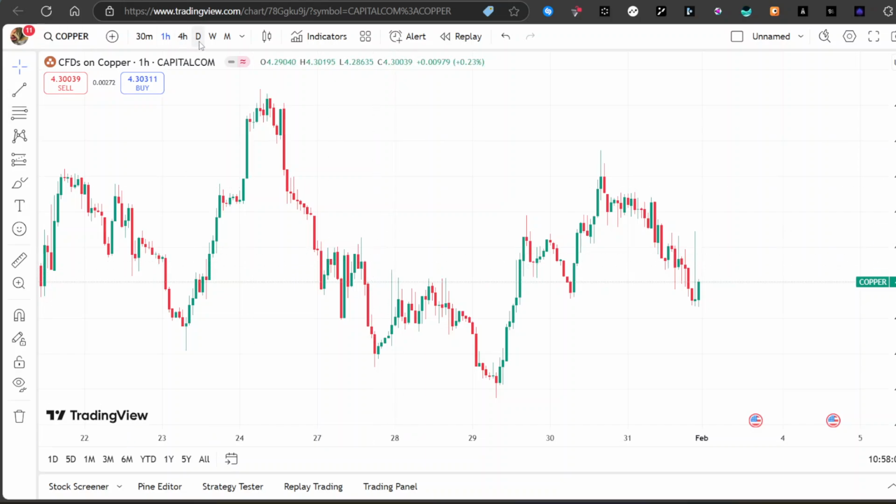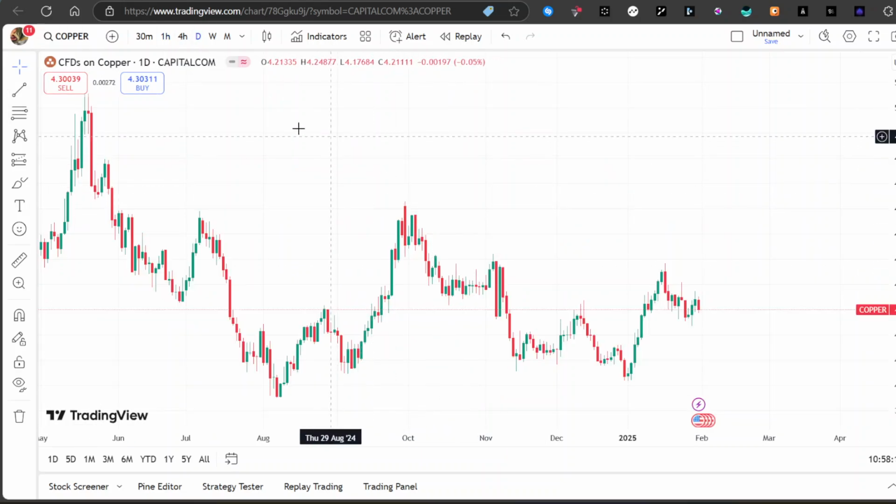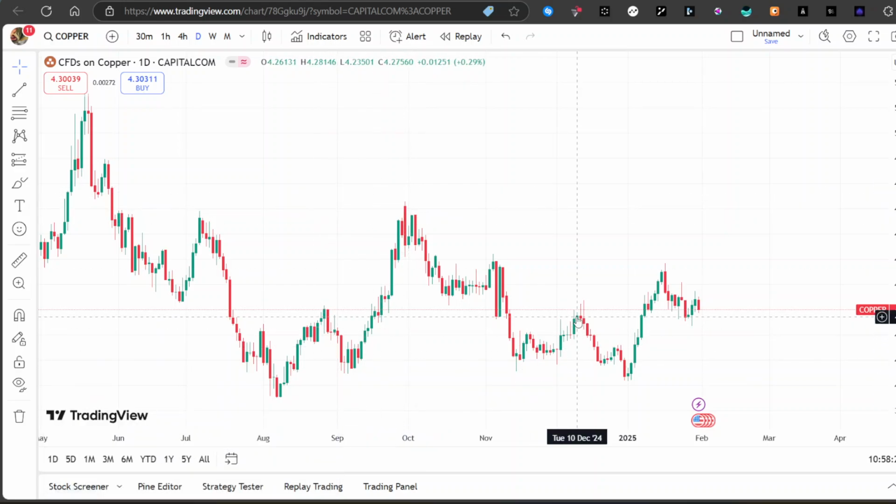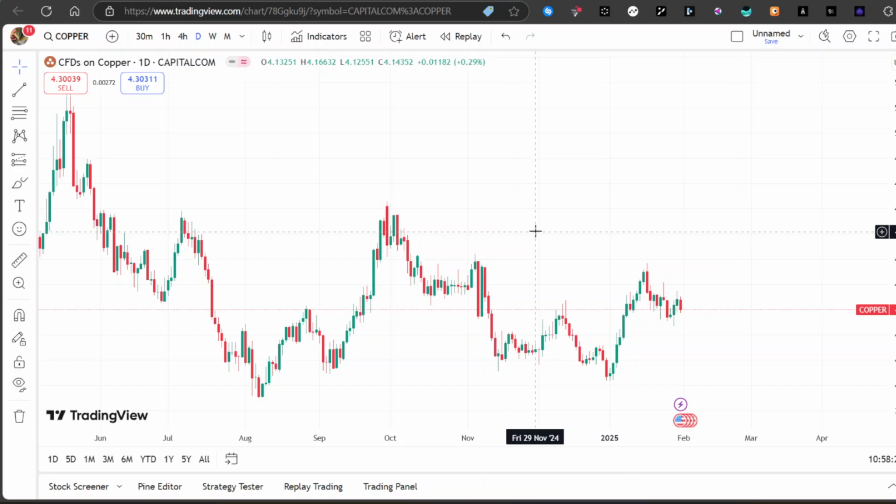You can start from the daily or the weekly time frame, because these time frames generally provide a solid overview of the market direction. So look for trends. It's very easy to spot trends on your charts. Are prices generally moving upward or downward?